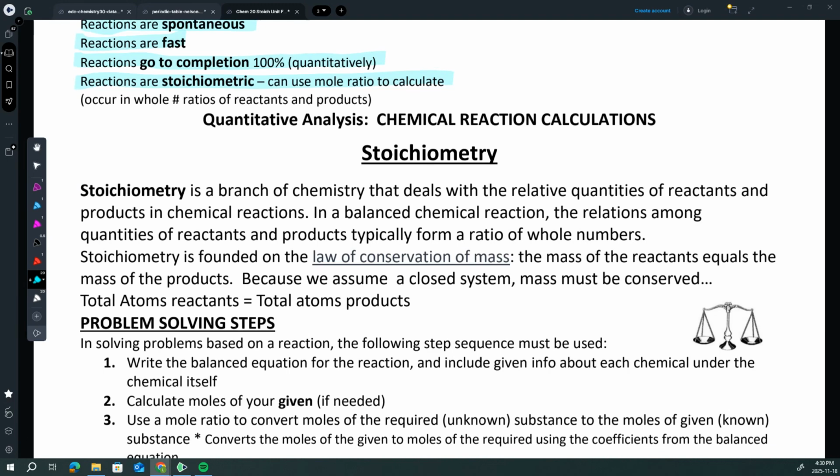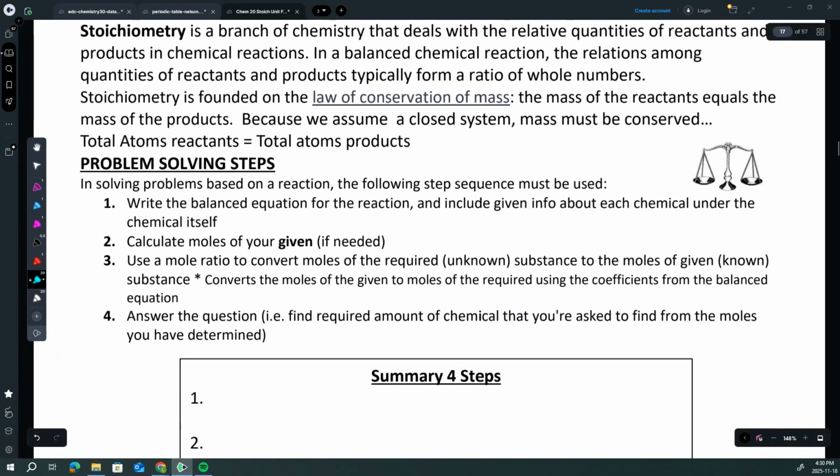Now, when solving stoichiometry questions, we're going to be using 4 basic steps to handle all questions, okay? And the extent to which we use these 4 steps depends on the type of stoichiometry question that we're given.